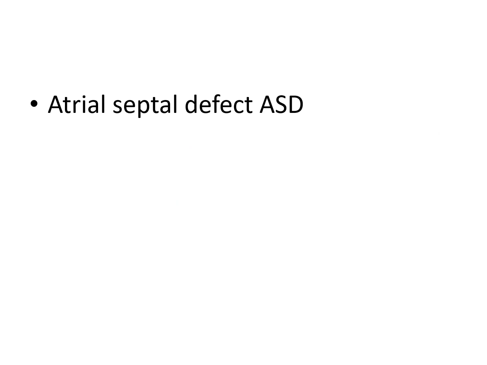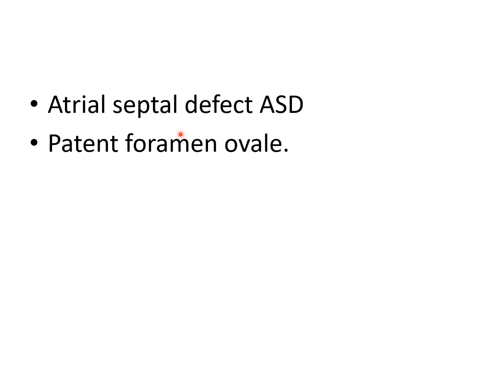Something to mention are the congenital anomalies related to the atria. We have atrial septal defect. Any defect in the septum primum or septum secundum can be regarded as atrial septal defect. If the foramen ovale doesn't close, and we see this in a baby after birth, this is called patent foramen ovale.